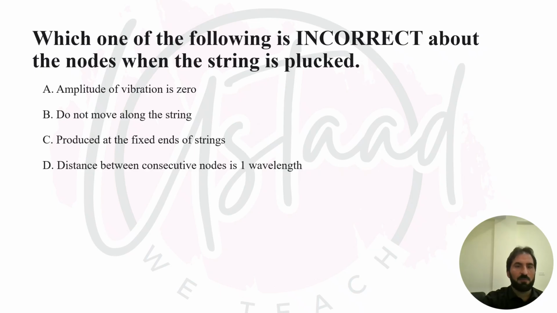Options we have: amplitude of vibration does not move along the string, produced at fixed ends of the string, and the last one is distance between the consecutive nodes is 1 wavelength. So the correct option is that the distance between the consecutive nodes is 1 wavelength. The correct option we have is option D.